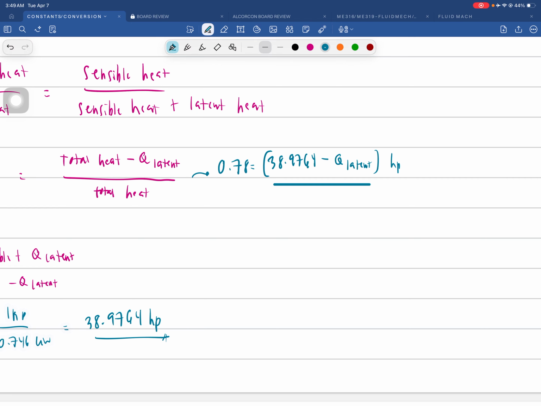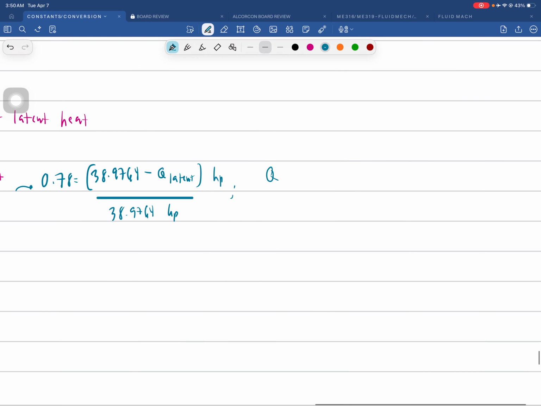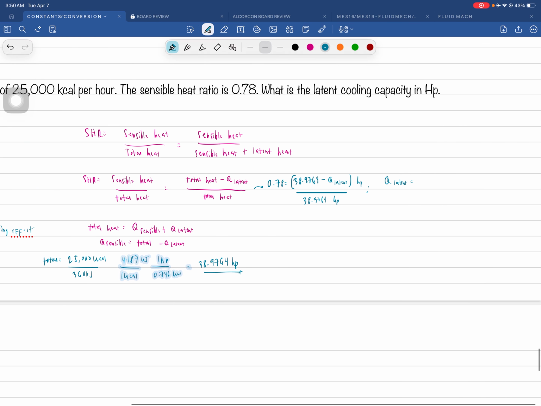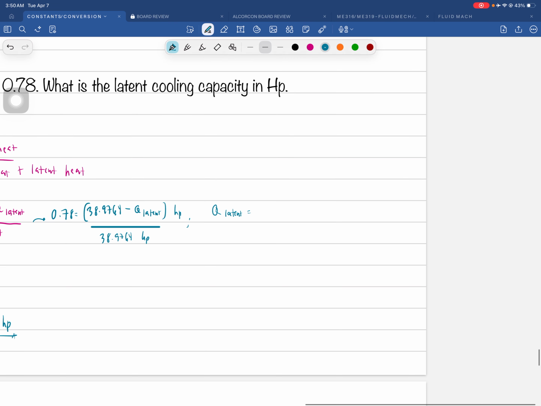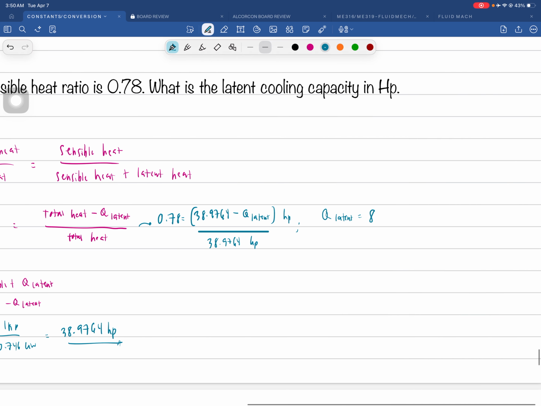Also, divided by 38.9764 HP. You would find Q latent is equal to, should be around 8.575 HP, okay?